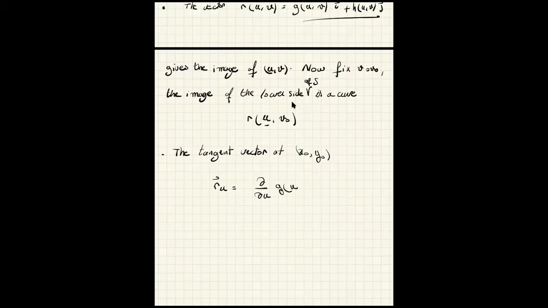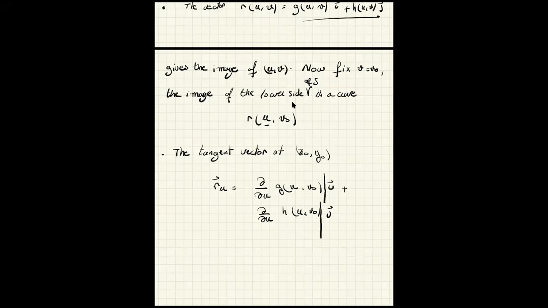So, okay, I'm gonna write this a bit carefully, slowly here, but you're supposed to know this. So it's del g/del u (u, v0) i plus del h/del u (u, v0) j, evaluated at the point (u0, v0). That is why I said you have to be careful, because I'm not going to write it all the way along.